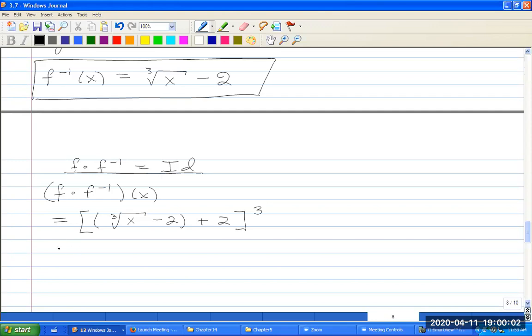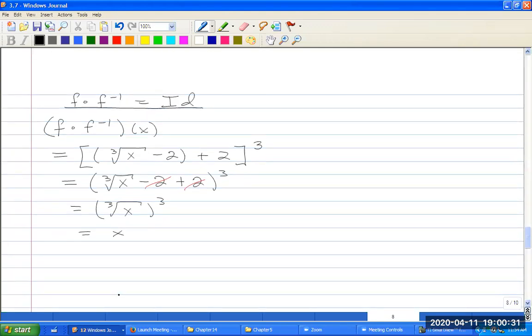Well, the 2's cancel. So this is just equal to the cube root of x cubed. Well, the cube root of anything cubed is just the original. So this is just equal to x. And so I verified that f composed with f inverse is indeed the identity function. It always maps some value back to itself.